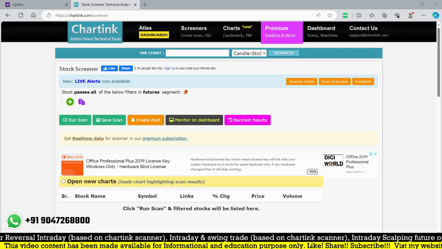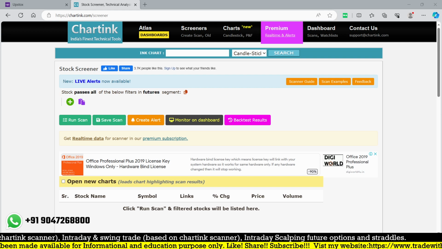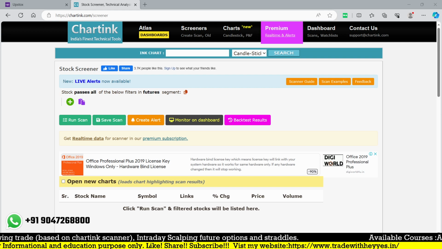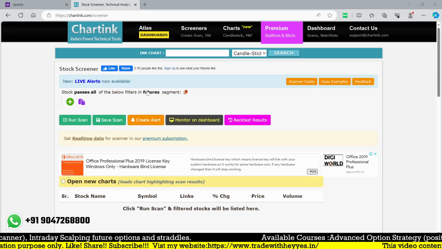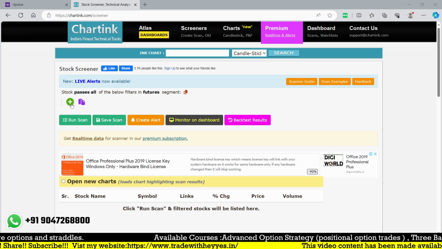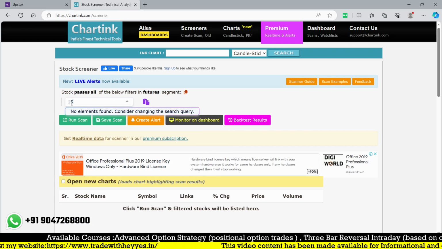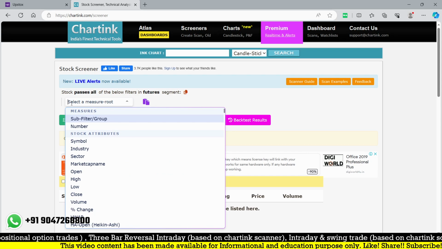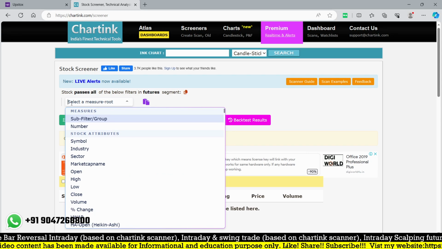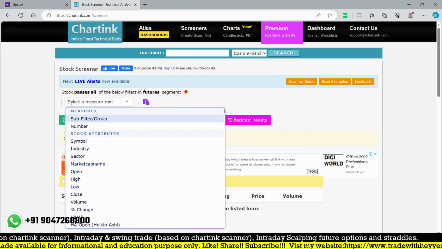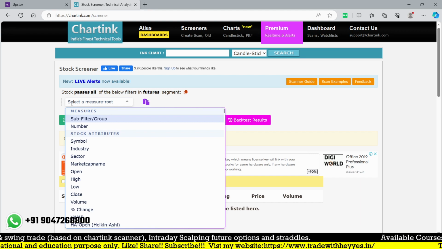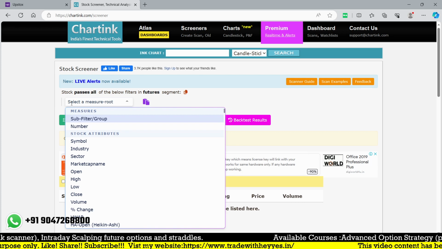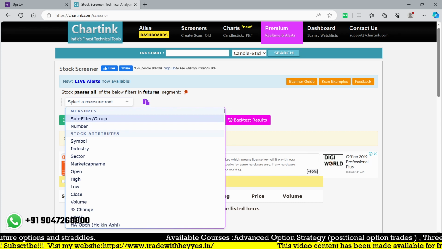So I'm just going to use the futures and 15 minutes. It should be a red candle that should always open at a greater than that particular point. So we can create it.